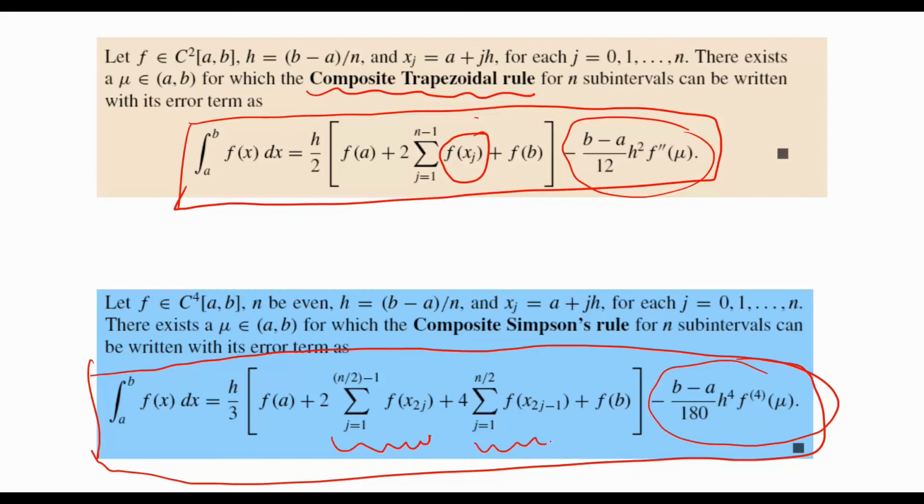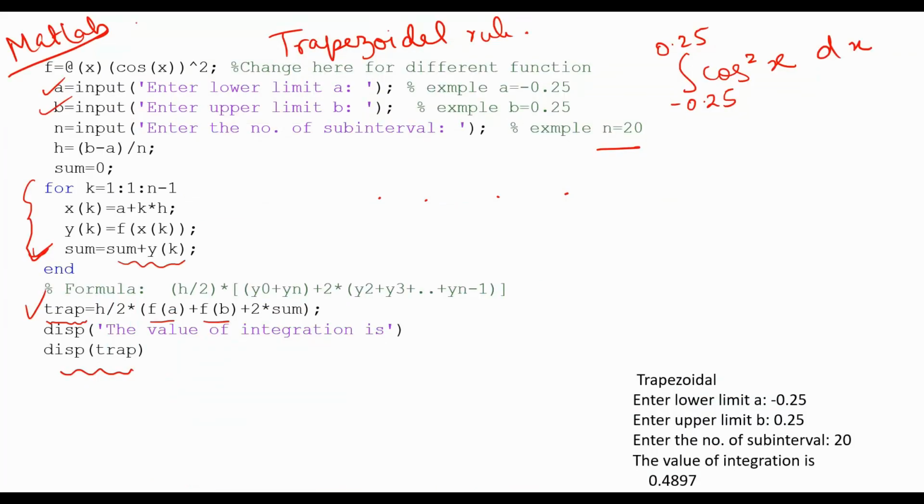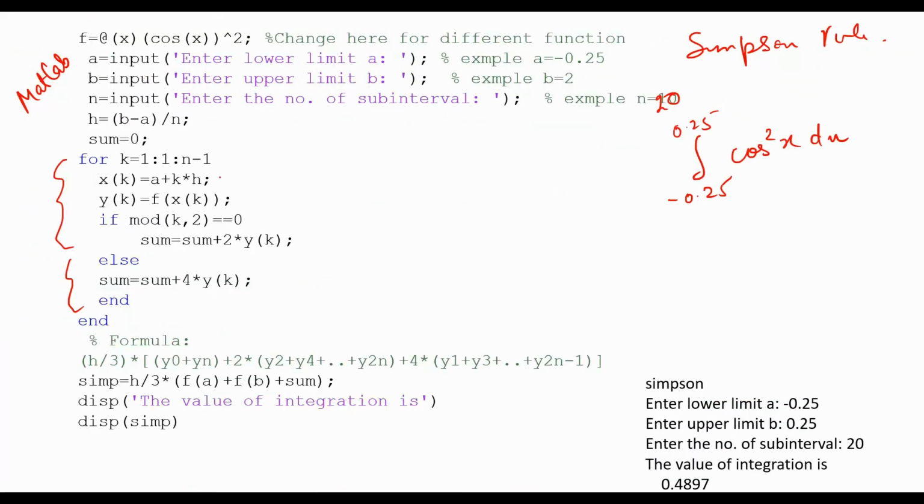This portion calculates those two parts: if the index is even, do this, and if it is odd, do this. After that we apply Simpson's 1/3 rule finally, and you get the result for Simpson's integration also.